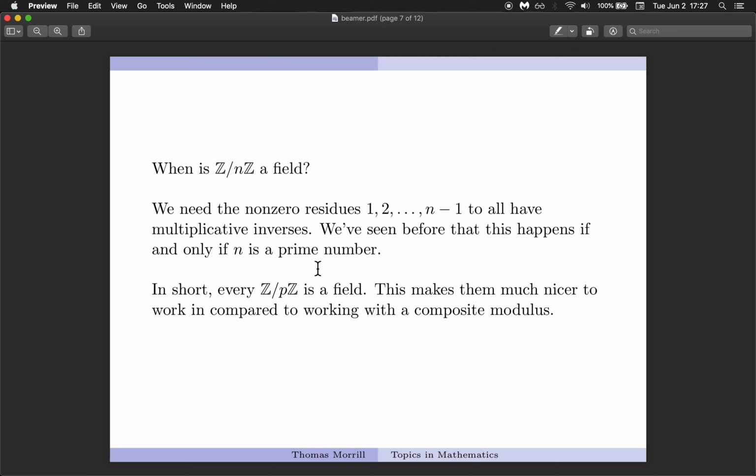I've said things like Z mod pZ does not have zero divisors, the same way that we can multiply things in Z mod nZ and get to 0 even though none of those elements we started with was 0. That can't happen in a field because non-zero elements need to have inverses, and you can't invert away from 0.